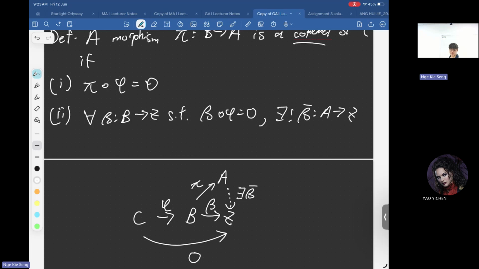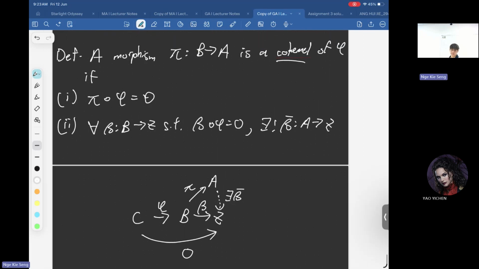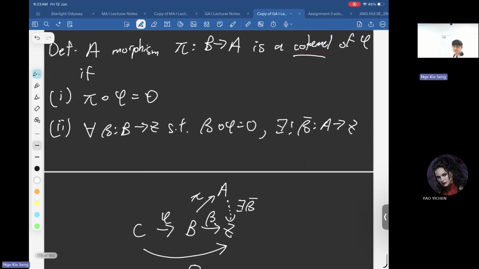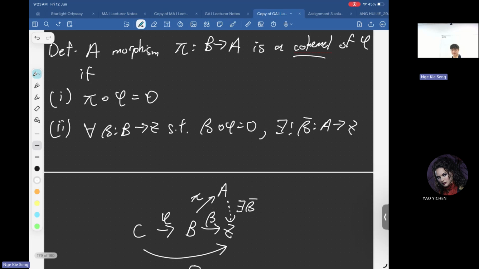Okay, so how to think about this? How to make sense of this? So last time you defined the co-kernel of a certain map by what? By the codomain modded out by the image of the map, right?